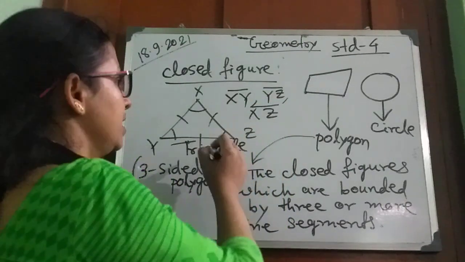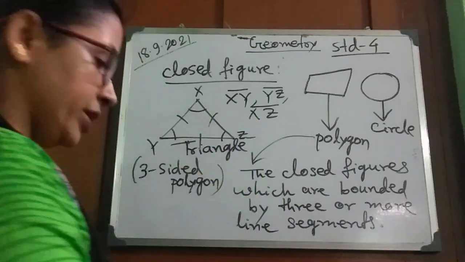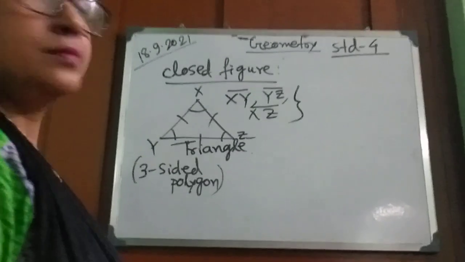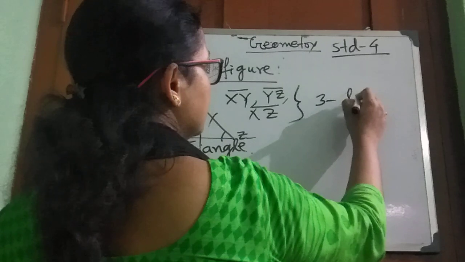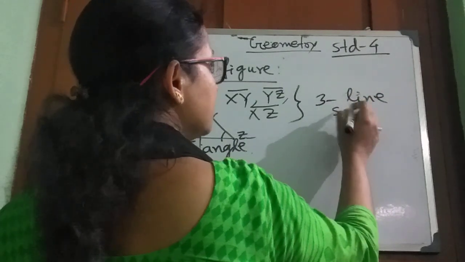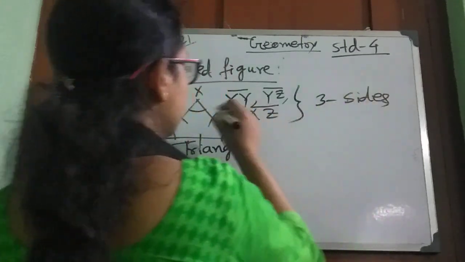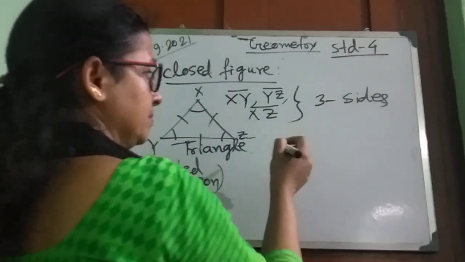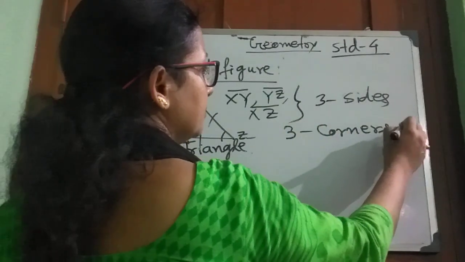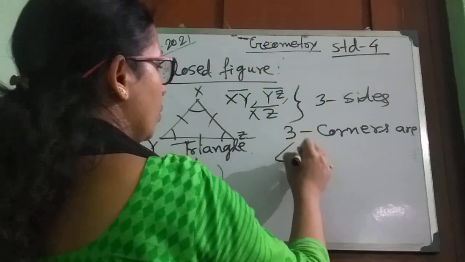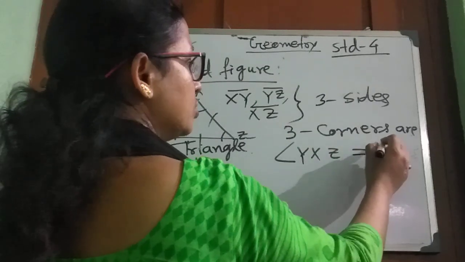And when you write corner, there is one symbol. So wait. These are three line segments, or you can say these are three sides of the triangle. And the angles or corners, which are the three corners? Angle y, angle x, angle z. You can write this in this way also.